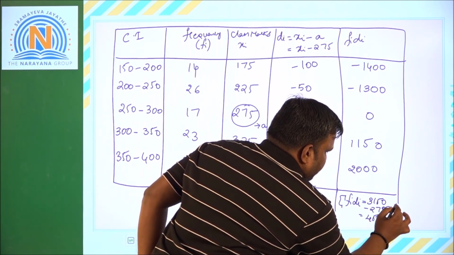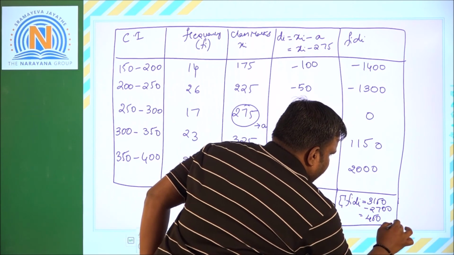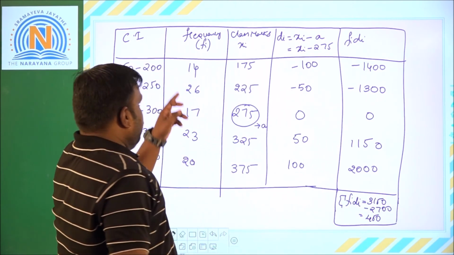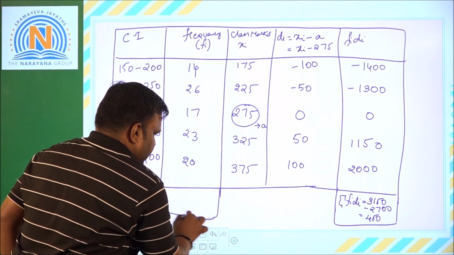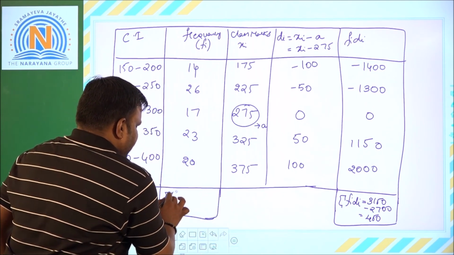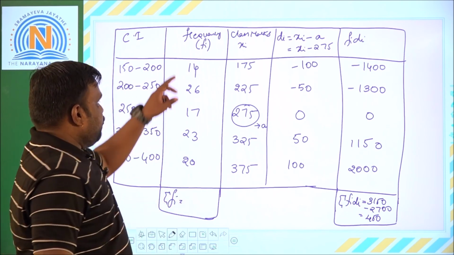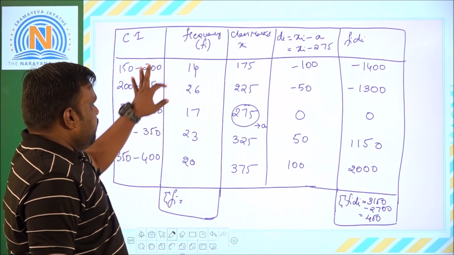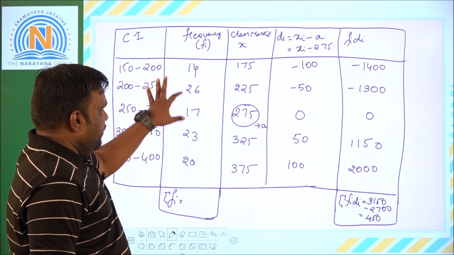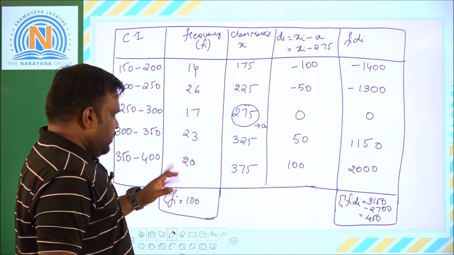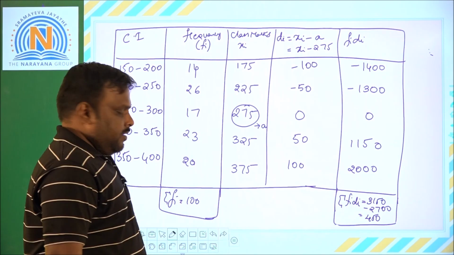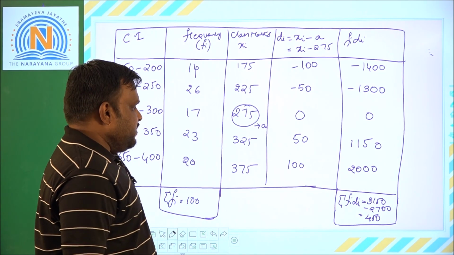So this is the value of sigma fi di. Now when you come to n, that is sigma fi: 14 plus 26 is 40, and 17 plus 23 is 40 again. 40 plus 40 is 80, plus 20 it is 100. So you got the value of sigma fi also, 100.